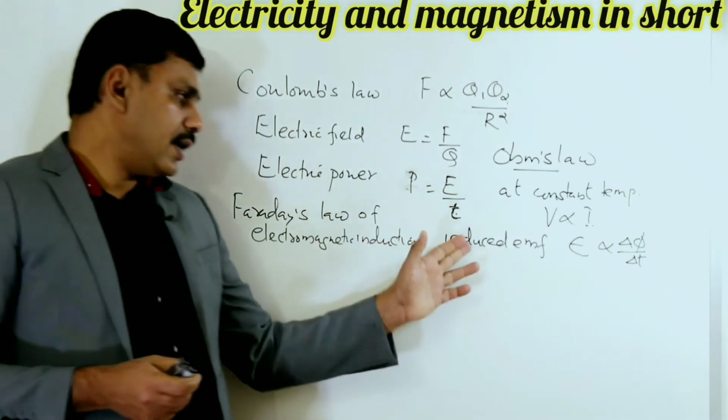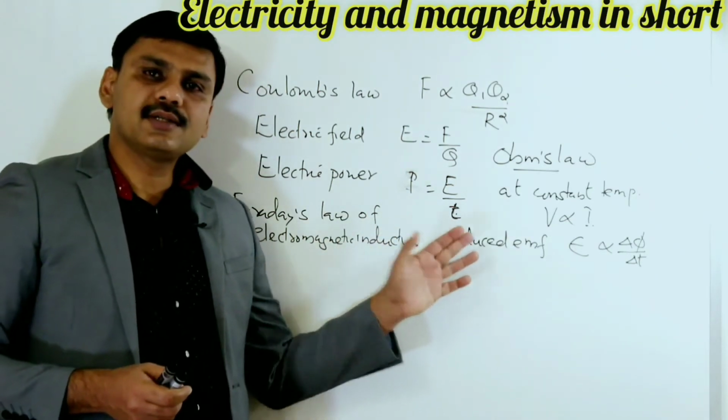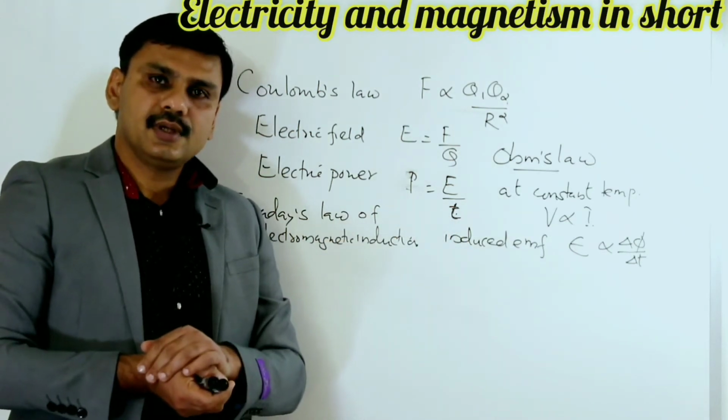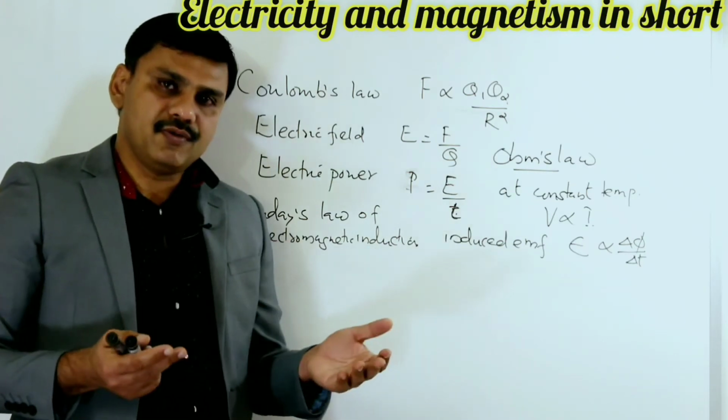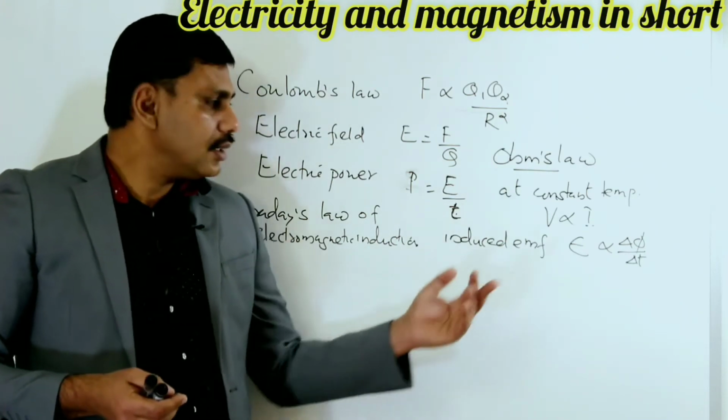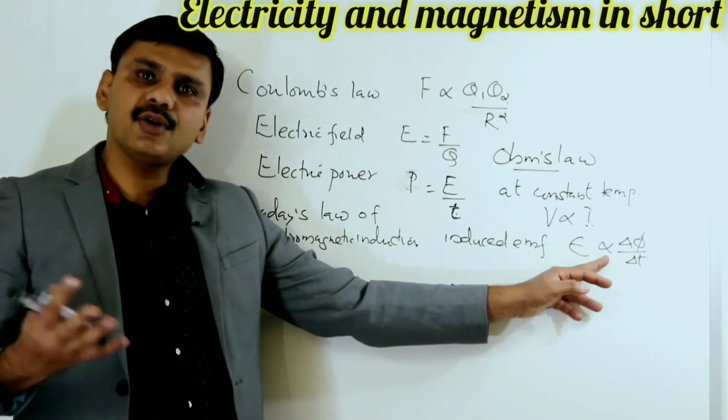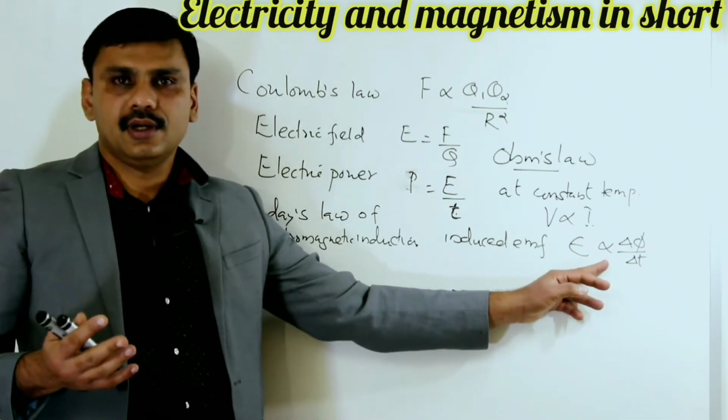So you can state Faraday's law of electromagnetic induction like this: the induced EMF produced in a conductor is directly proportional to the rate of change of magnetic flux.